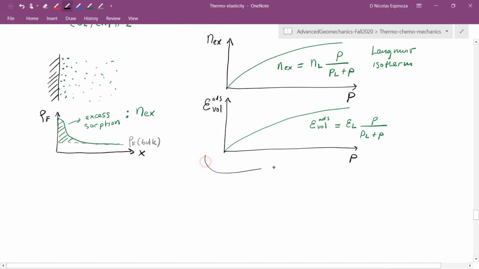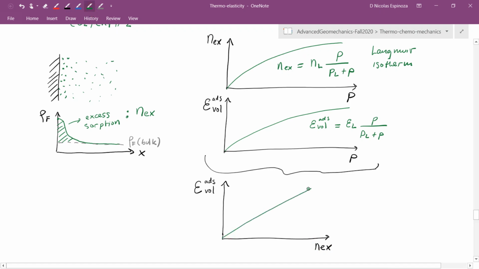But at the end of the day, what I see in this type of media is that the amount of adsorption-induced volumetric strain is usually linearly proportional to the amount of adsorption, where, let me do this with another color, a process of adsorption would imply higher amount of sorbed fluid, and a process of desorption would imply a decrease in the amount of sorbed fluid.